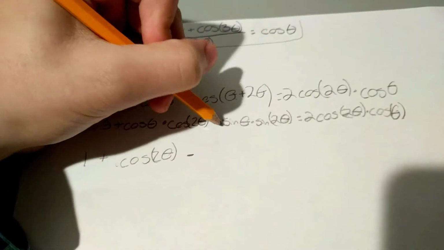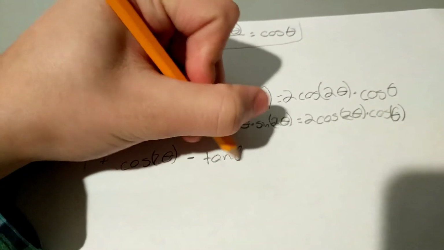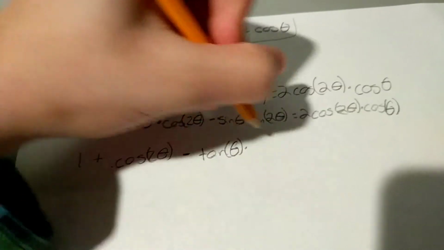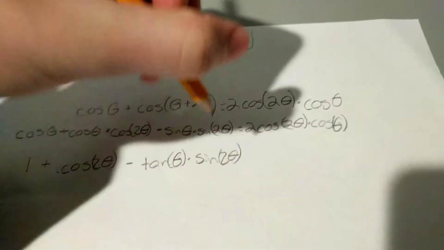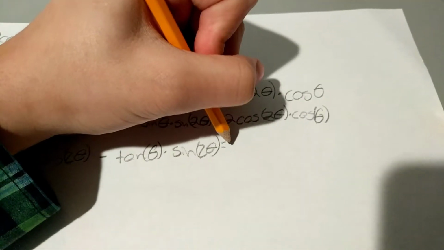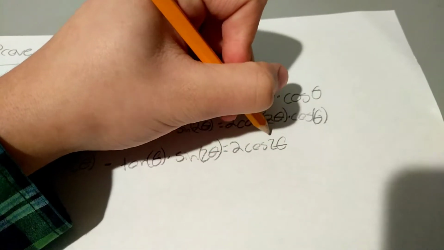Minus, and sine of theta divided by cosine of theta is tangent, so it's tan of theta times sine of 2 theta, which of course is equal to 2 cosine 2 theta.